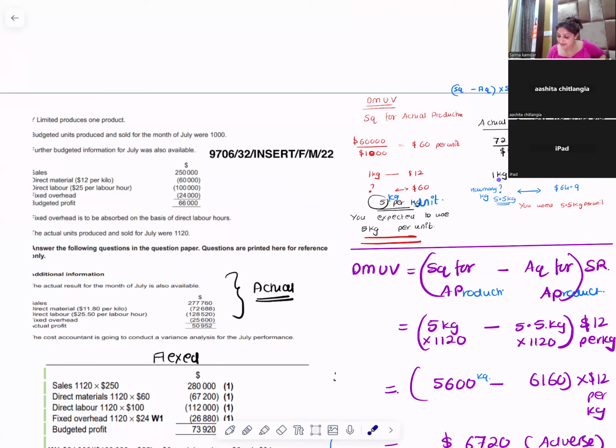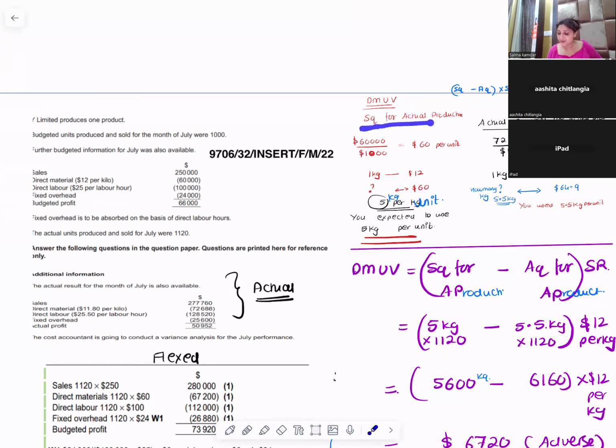How many kgs have you used per unit? 5.5. So you have used 5.5 kg per unit. Now, actual quantity for actual production.